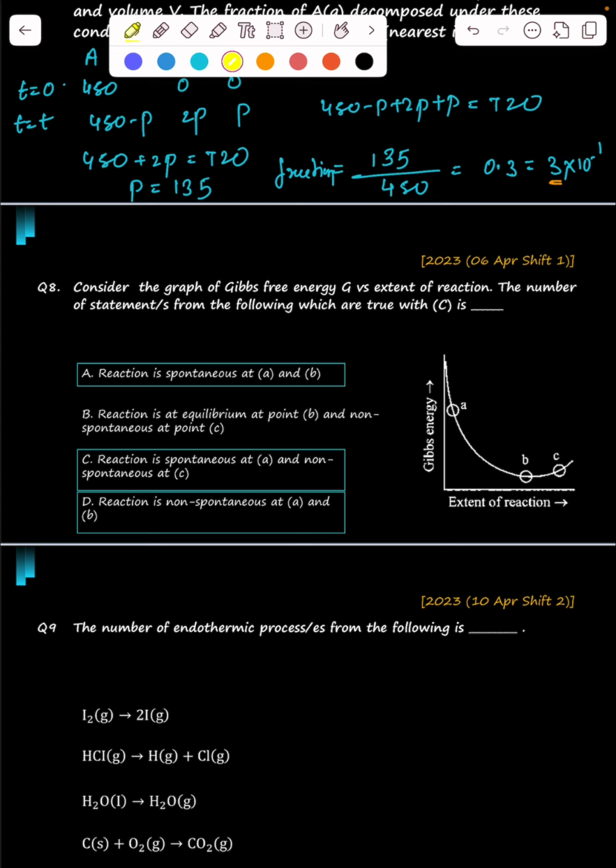Okay, so graph of the Gibbs free energy and the extent of reaction.